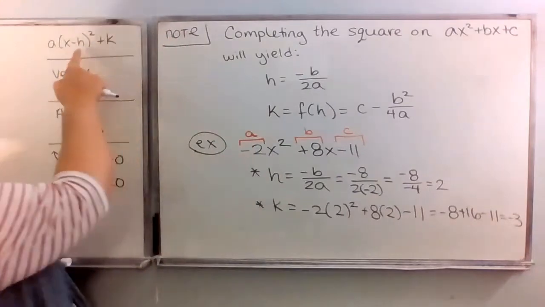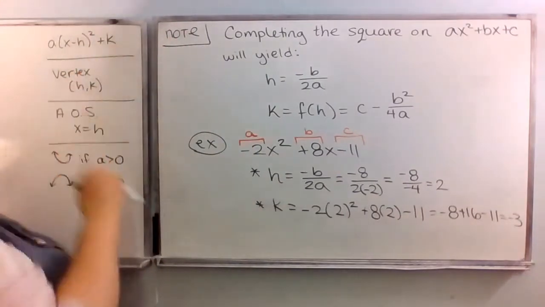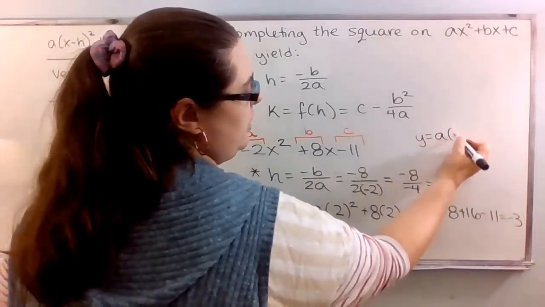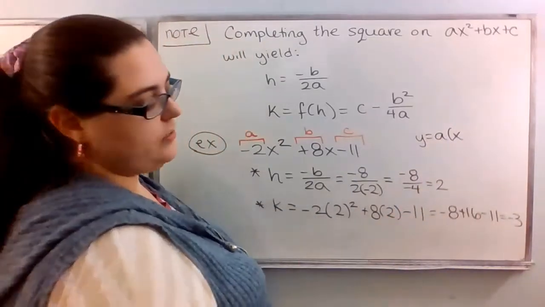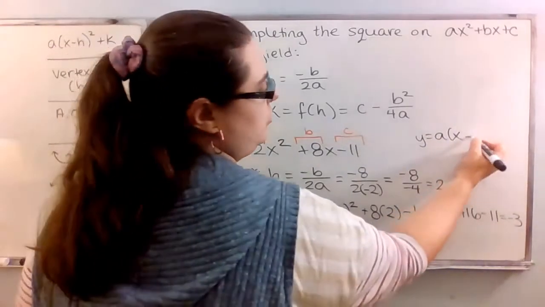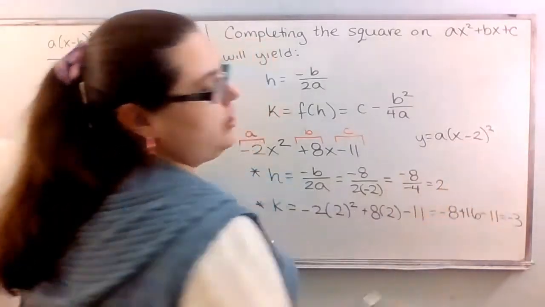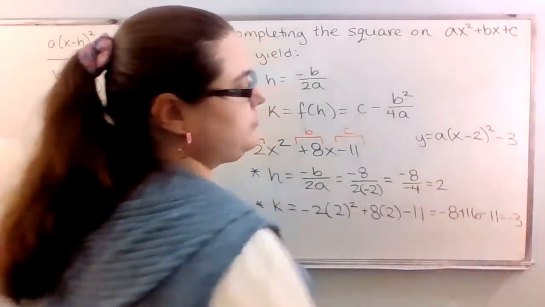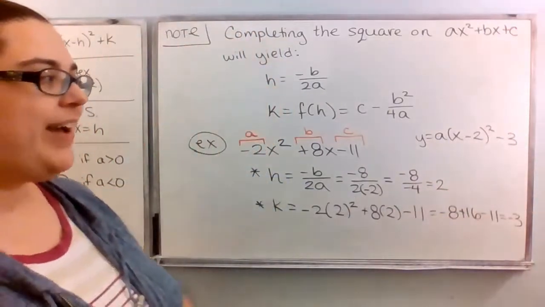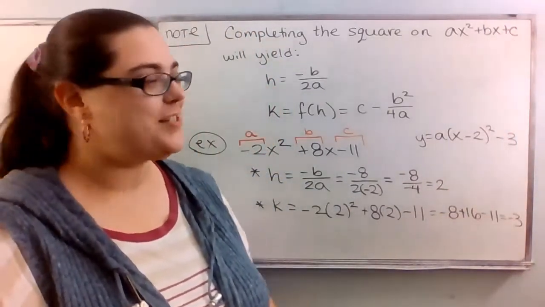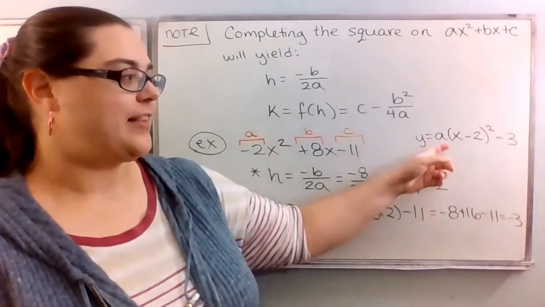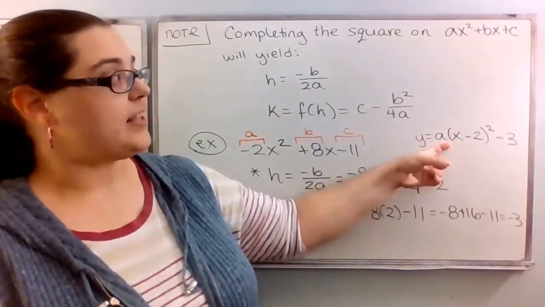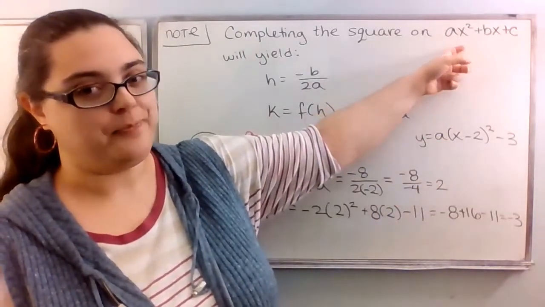So we can now substitute those into this formula. So y equals a times (x minus h), so minus 2, plus k, so in this case, negative 3. And I have really good news for us. The good news is that the a in the vertex form is the same as the a in the standard form.